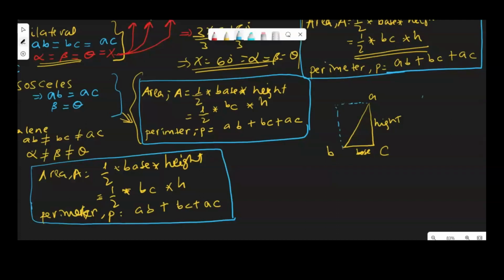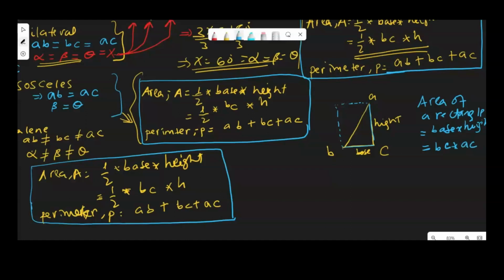The area of a rectangle is equal to base times height, that means BC times AC. So this triangle is half of a rectangle.